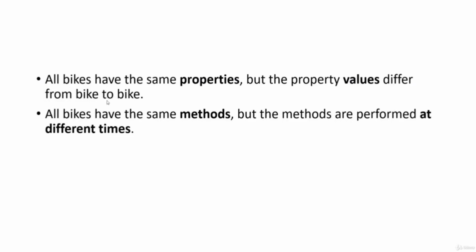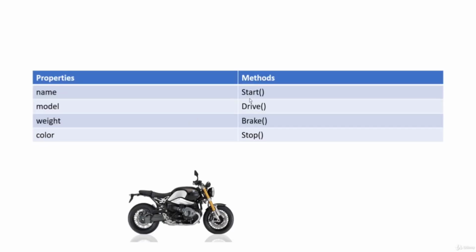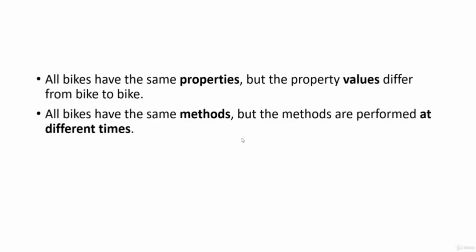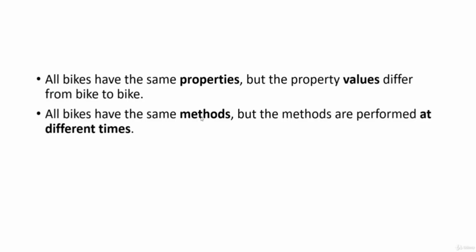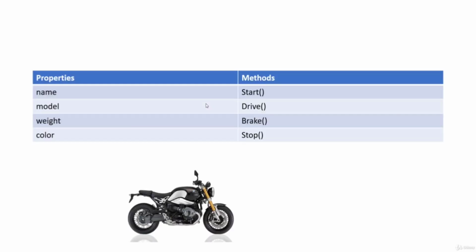And all bikes have the same methods: start, drive, brake, stop, but they perform them at different times. One bike can drive, another can stop, but the methods are the same from bike to bike, and the property values are different for different objects.